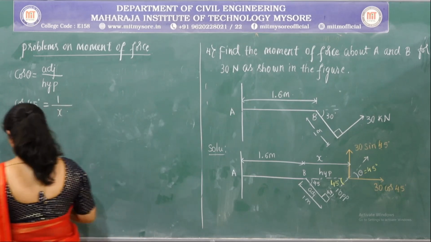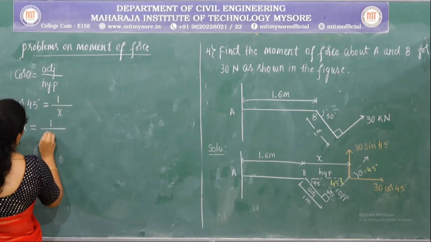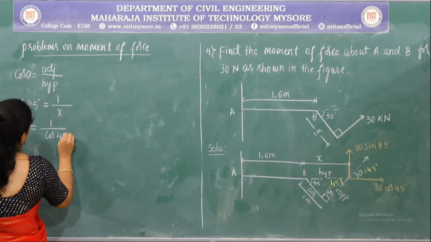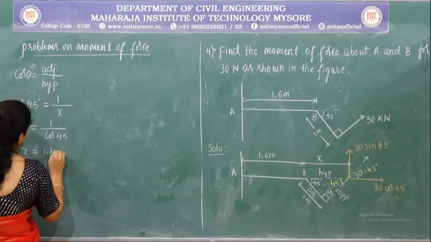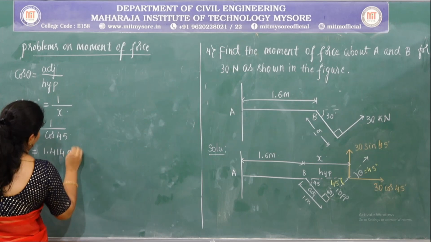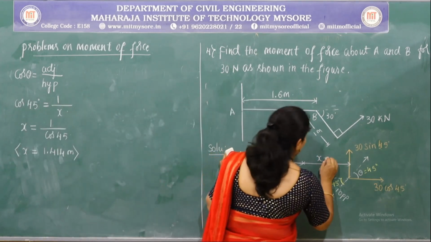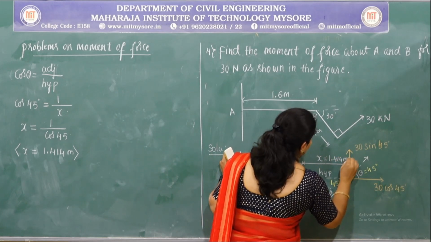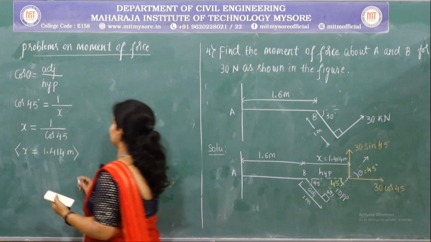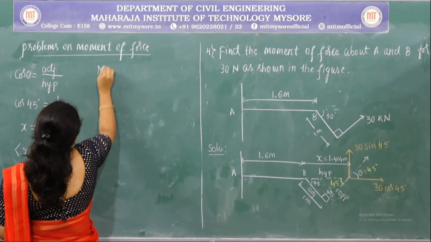In order to find out the value of x, this will become 1 divided by cos 45, and this answer is x equal to 1.414 meters. So now this distance becomes 1.414 meter.